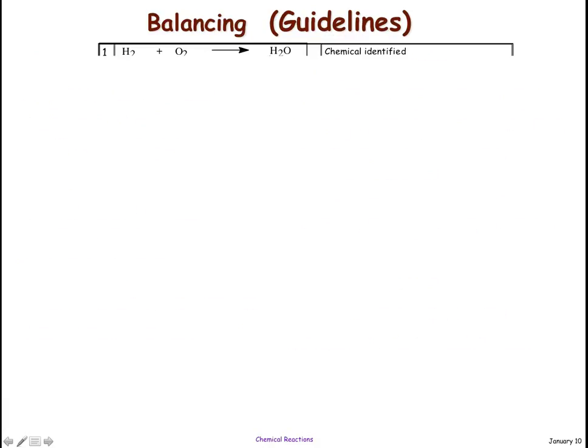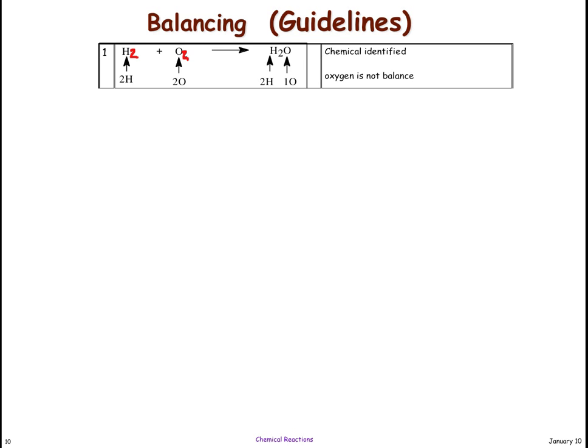So let's take a look at some balancing guide. Whenever you have a reaction, again, this would be H2 here, and O2 here. Remember, do not fall into that pitfall that just because you see 2 hydrogens and 2 oxygens that you're going to change the formula and say that, oh, my product therefore has to be H2O2.